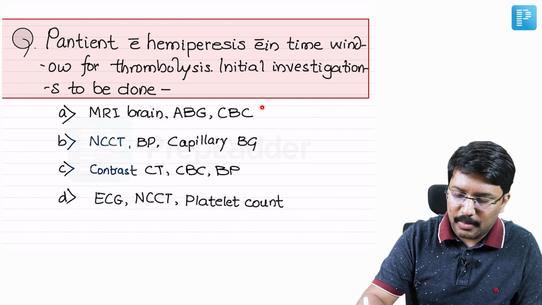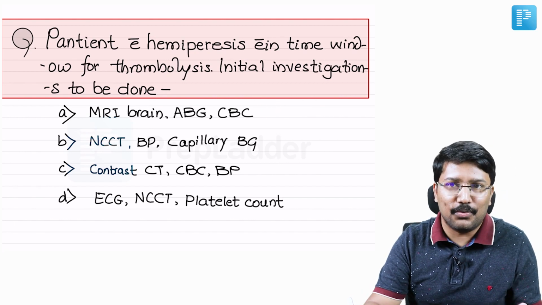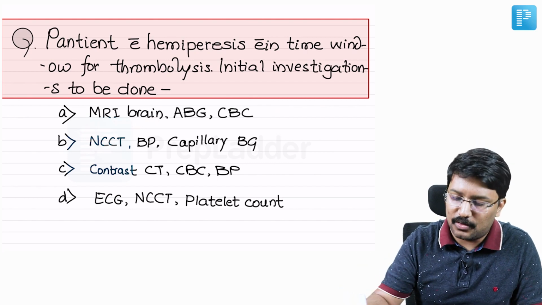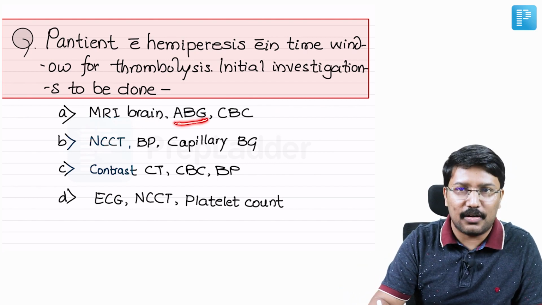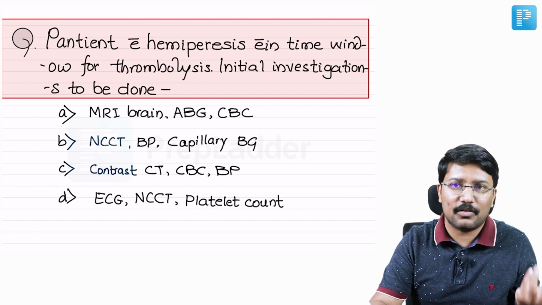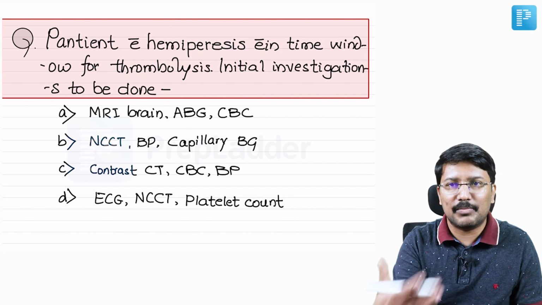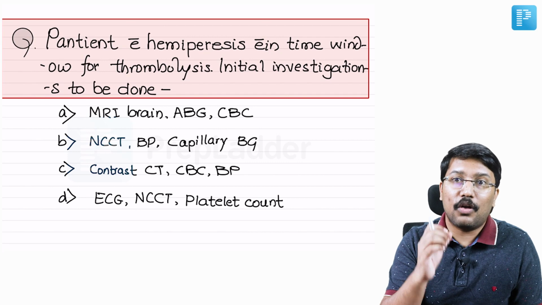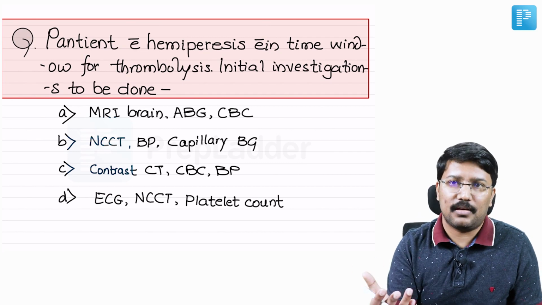Initial investigation, right? MRI brain, obviously no, right? MRI brain would consume 45 minutes to 1 hour, so definitely not the right thing to do. ABG, oh my god, if you're going for thrombolysis, why ABG? It's in fact a contraindication. There are some guidelines which say ABG even done within last 7 days from a non-compressible site is a contraindication.